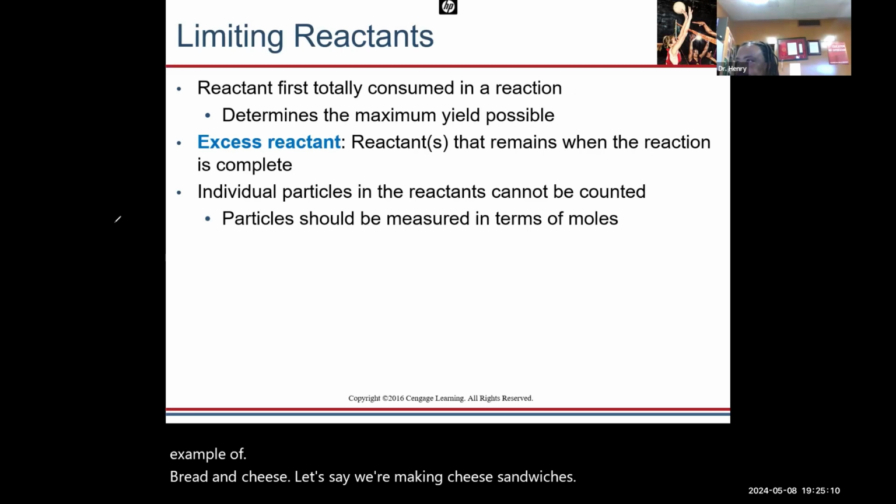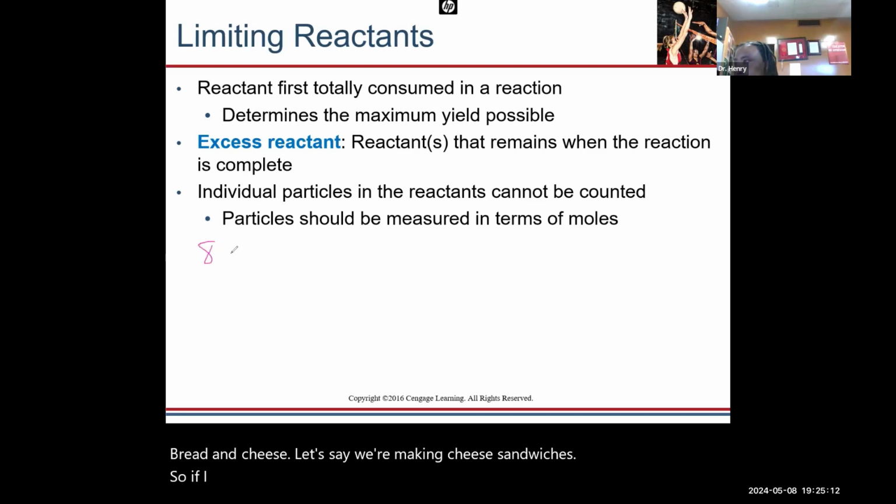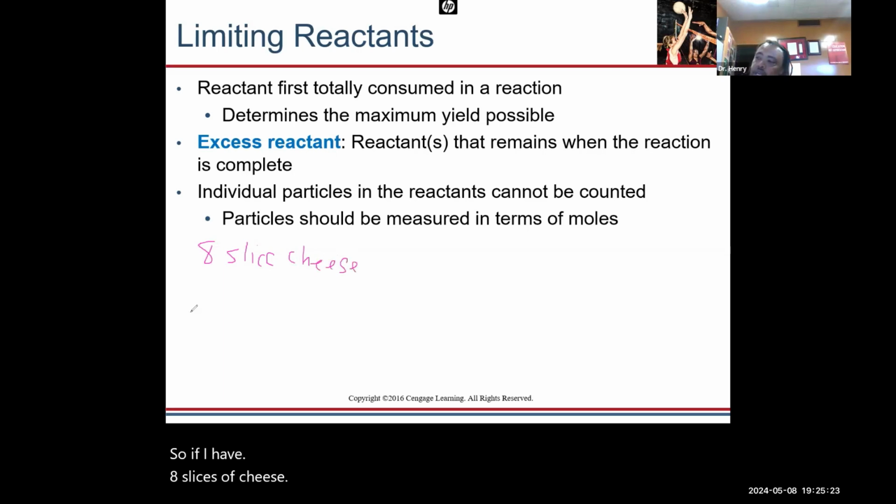So if I have 8 slices of cheese, and then I have, let's do 7 slices of bread.